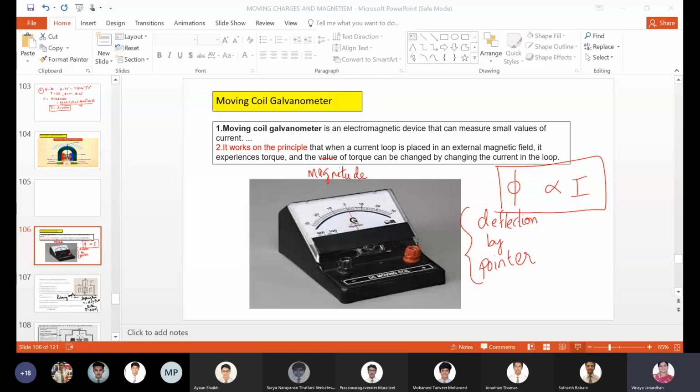It works on the principle that when a current loop is placed in an external magnetic field, it will experience a torque, and the magnitude of the torque changes with the changing current in the loop. Principle, please do mention the principle.